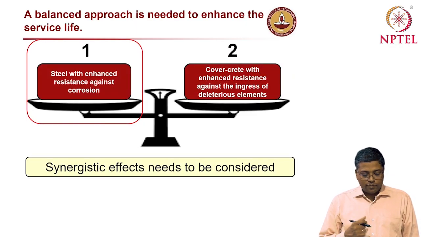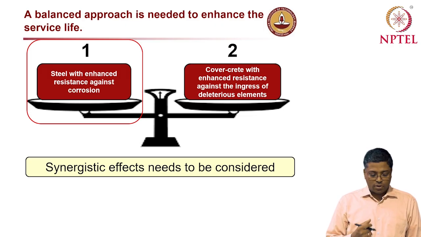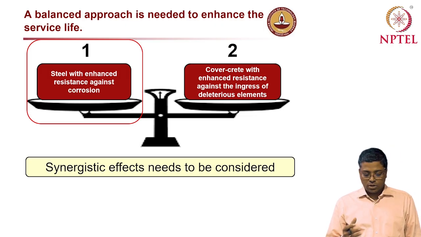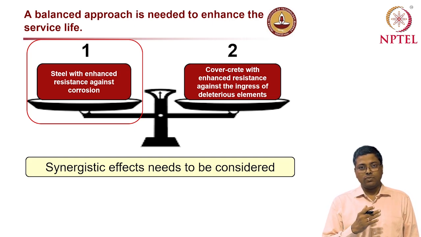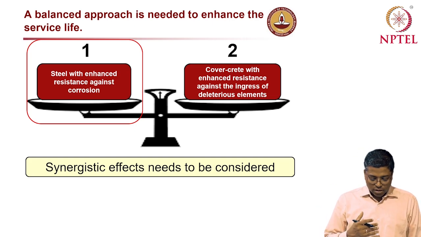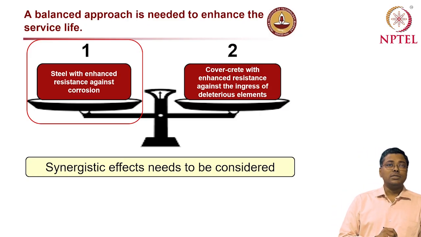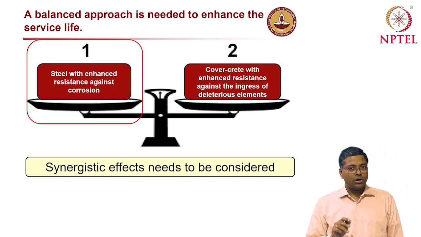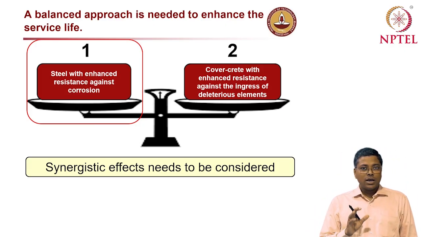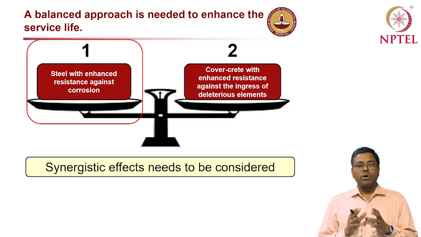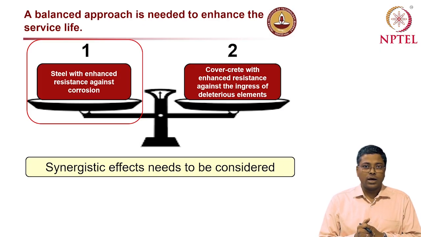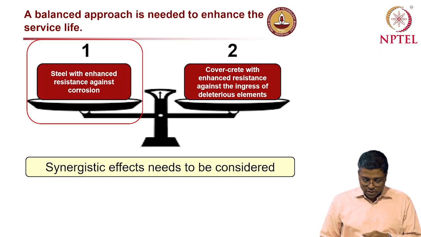And so, if we want to enhance the service life or avoid such failures, we have to make sure that both the steel and the concrete, if you are talking about deterioration, which is basically the chemical attack or long-term degradation process, so we have to make sure that the steel which we use is of good quality, and at the same time the concrete, not just the concrete but mainly the cover concrete, which is actually protecting the steel reinforcement, also has to be highly resistant against the deleterious elements.